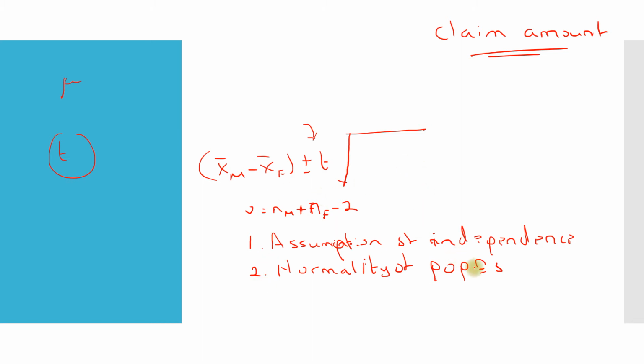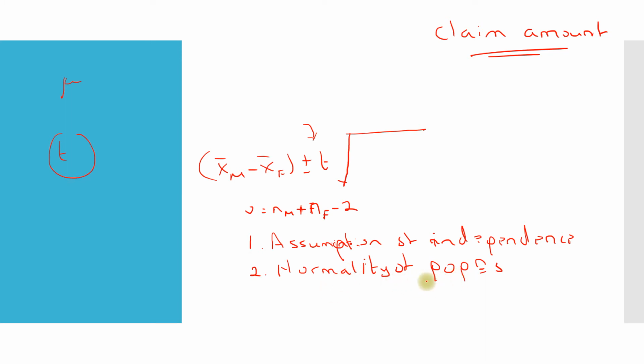You have to be careful when we talk about the assumption of normality. I'm not assuming that x bar m minus x bar f follows normal. This is one of the things you have to be careful about. This is why I'm mentioning population. You don't make an assumption on a sample; you make an assumption on something that is unknown.